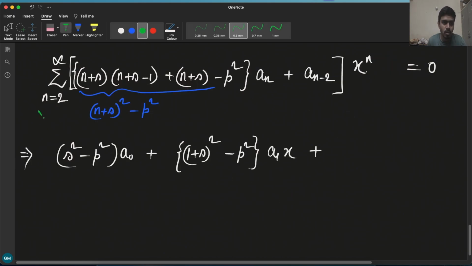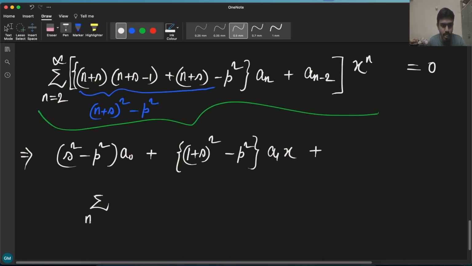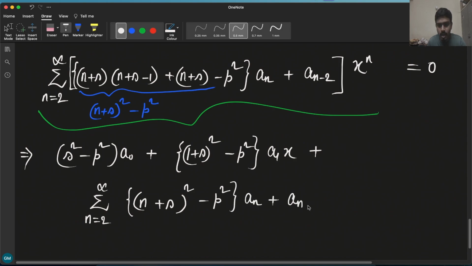So this entire term I can write as sum over n equals to 2 to infinity, n plus s whole square minus p square times an plus an minus 2 times x to the power n equals to 0.